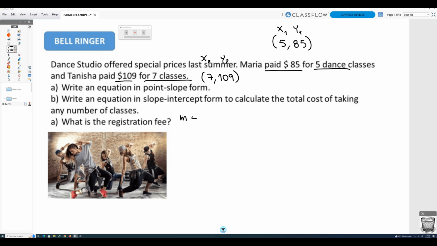Calculate the slope. Remember, the slope is the vertical displacement divided by the horizontal displacement, or delta y divided by delta x. The difference of y sub 2 and y sub 1 divided by x sub 2 minus x sub 1.